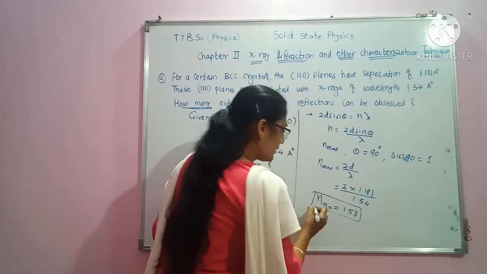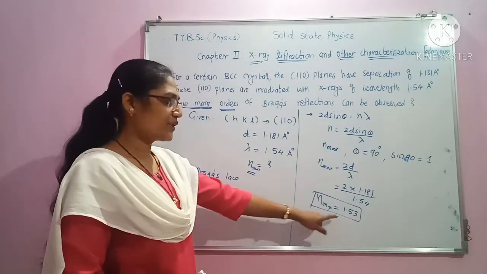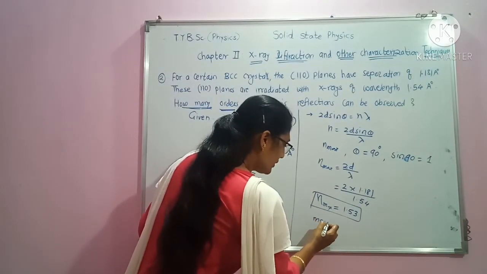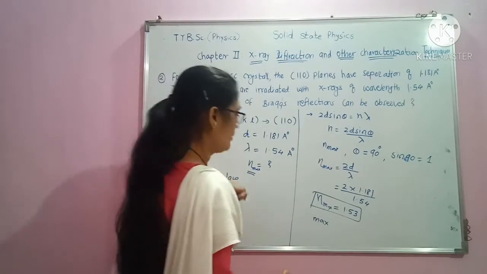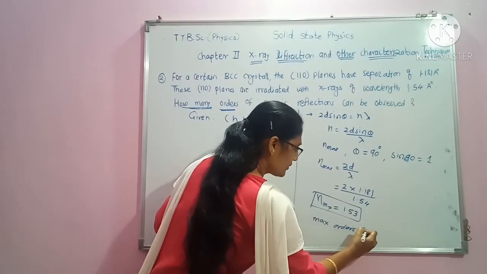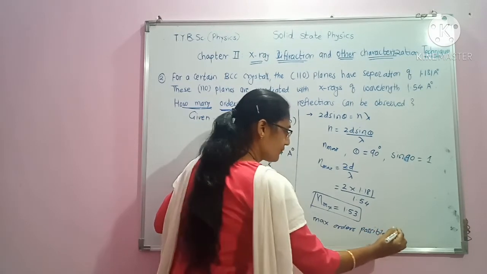But we know that n max is a number, so fractions are meaningless. So the maximum order possible is 1.